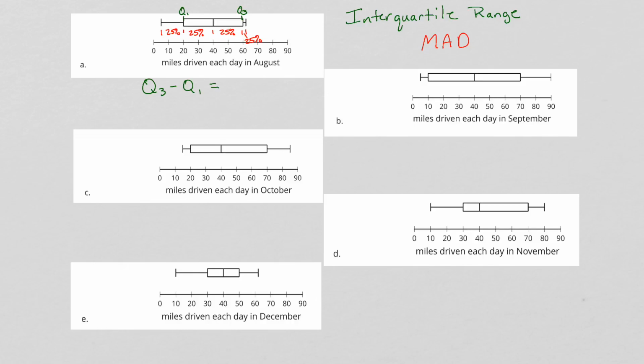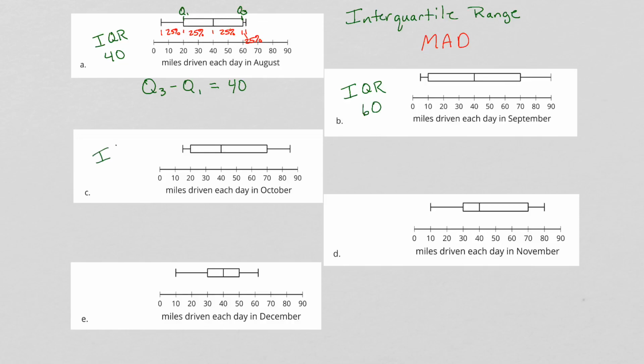In other words, for this data right here, our Q3 is 60, our Q1 is 20, 60 minus 20 is 40. So our IQR, or interquartile range, is 40. For this data here, we have 70 minus 10. So our interquartile range for this data is 60.